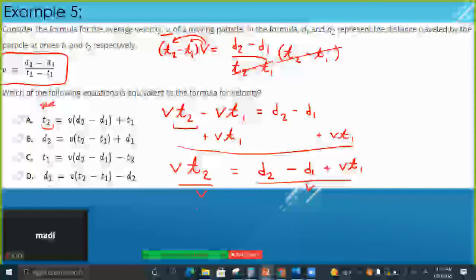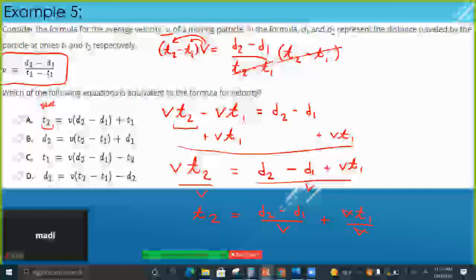So that comes out to T2 is equal to D2 minus D1 over V plus, for this part, notice that we have V T1 together. If I separated that fraction, it would be V T1 over V. But V over V is 1, so those cancel.